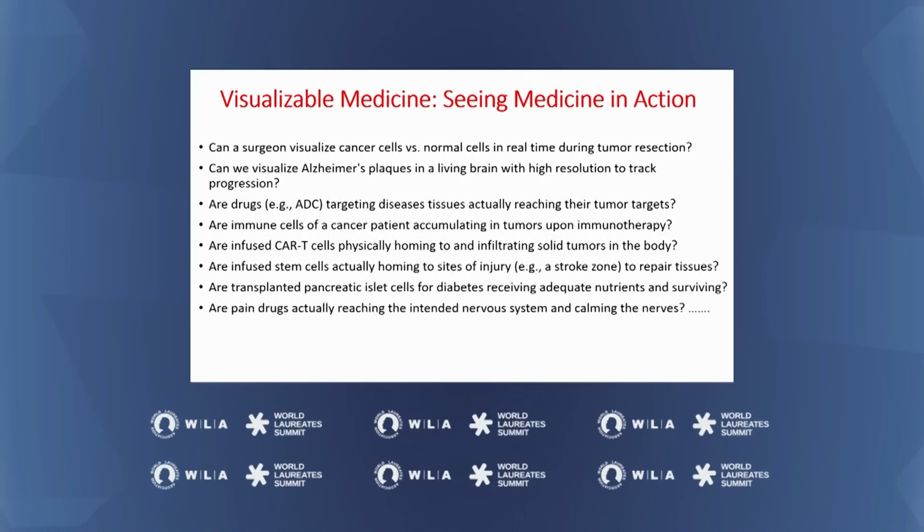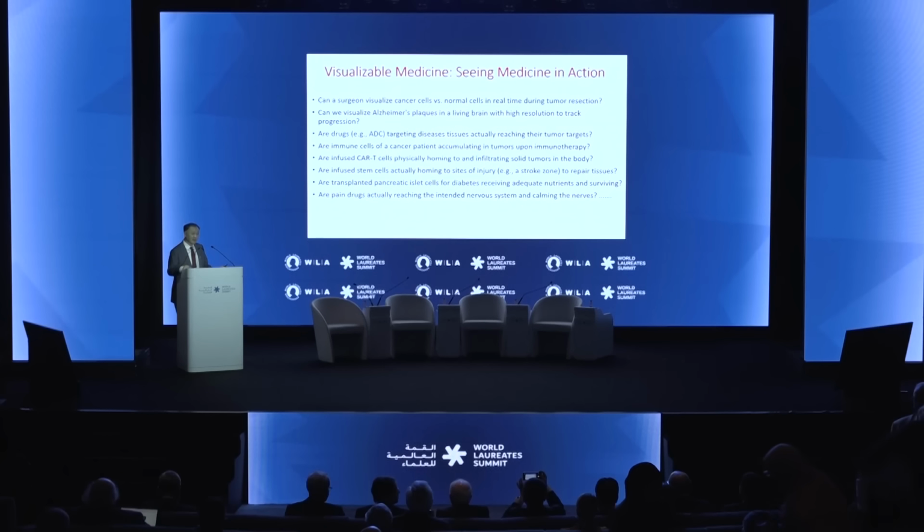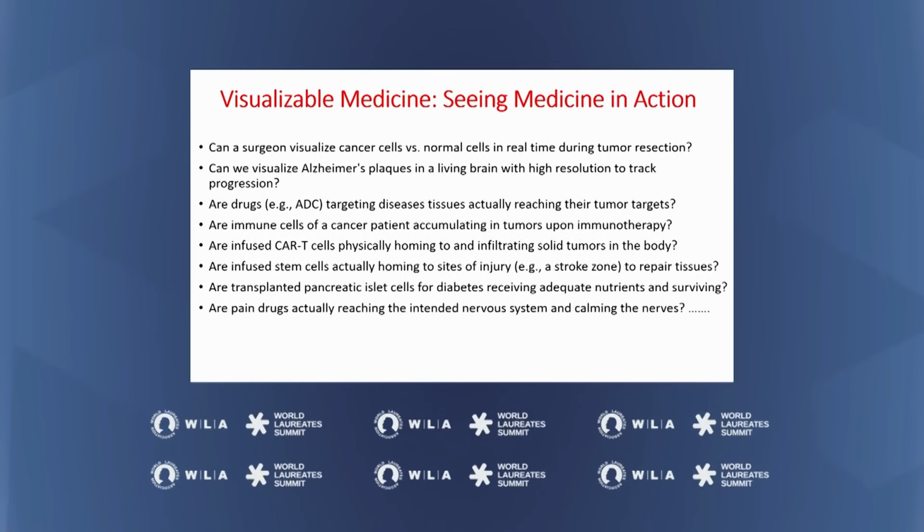And so the question we have in hand is, can surgeons visualize cancer cells when they are doing surgery to remove a tumor? Can you visualize Alzheimer's disease plaque in the brain?